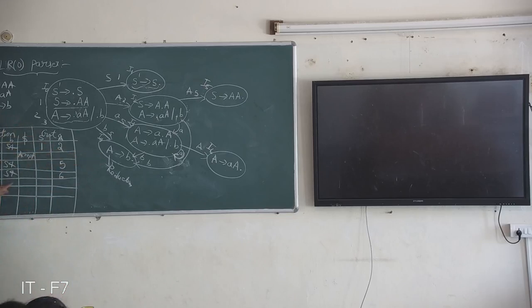So in that row, you can perform reduce action with the third production. So you can mention that number here, R3. The number indicates which production we have to reduce by. You can reduce using this production. So in the complete row, on the terminals, not on the non-terminals, you write the reduction.